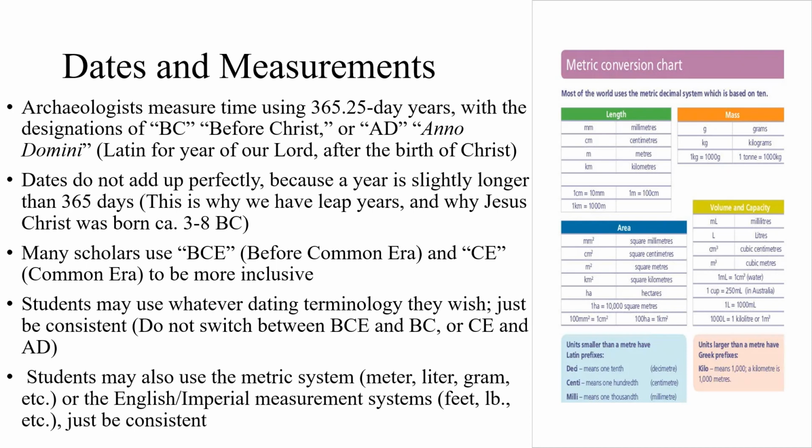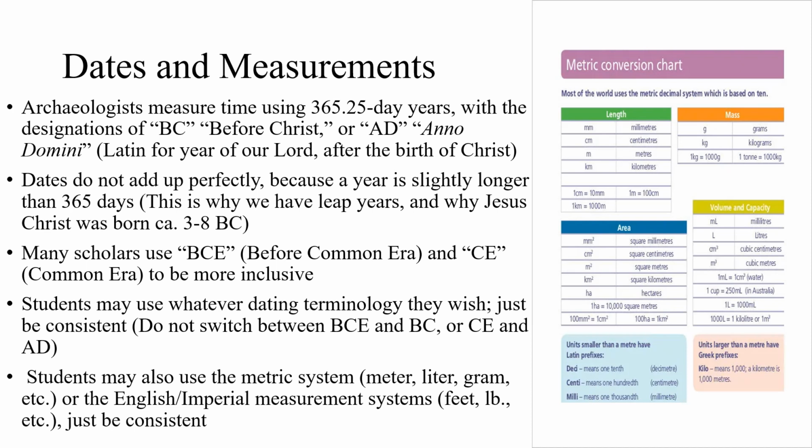Also, many scholars like to use the term BCE, before Common Era, and CE, Common Era, to try to be more inclusive of cultures that don't practice Christianity. They're still dating things, though, from the birth of Christ. Instead of using BC AD, they're using BCE CE.